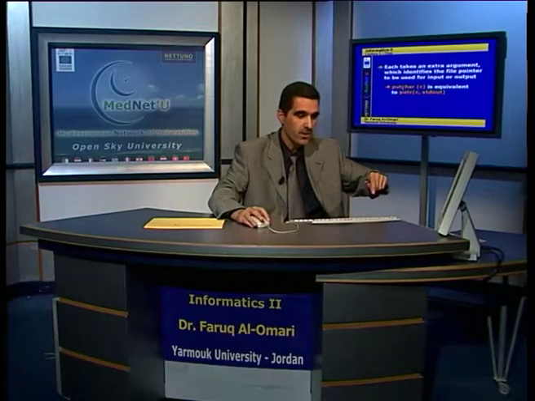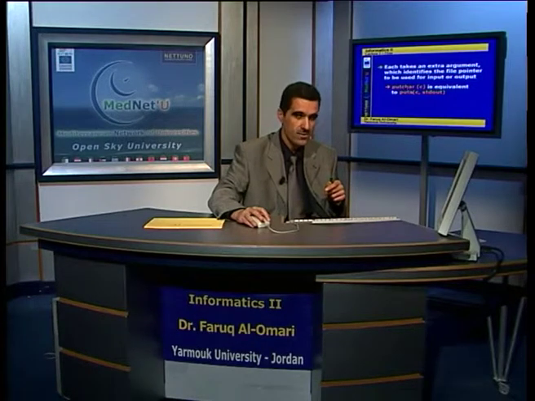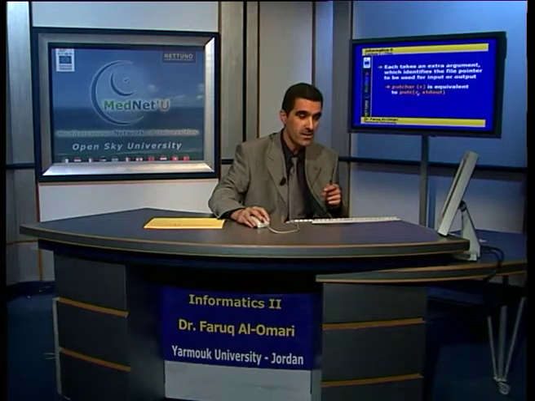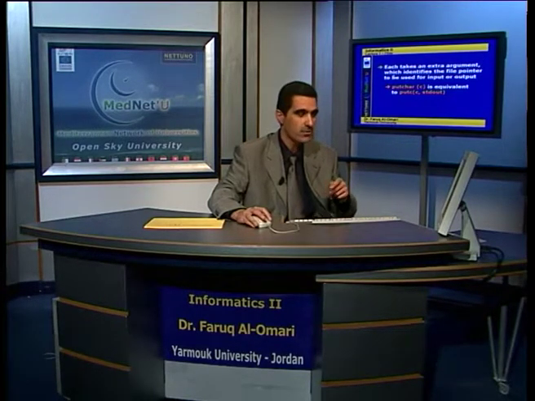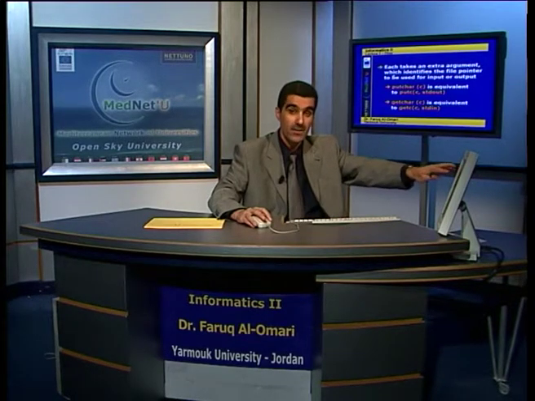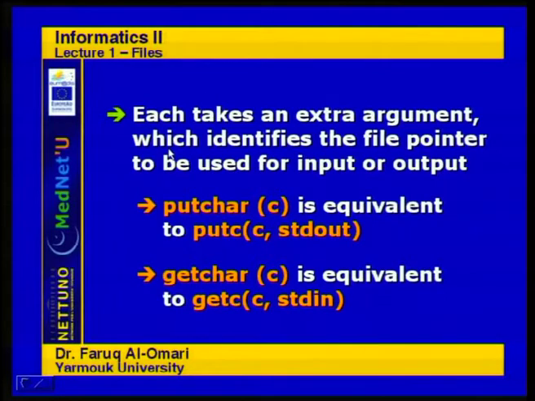That's an equivalent statement to this one, okay? So whether we say this or we say this, it's equivalent. And in both cases, we're putting this character c to the standard out, and the standard out actually is the screen of the computer. However, this doesn't have to go always to the screen. Sometimes you want to write it to the file, and that's what we're trying to get to.